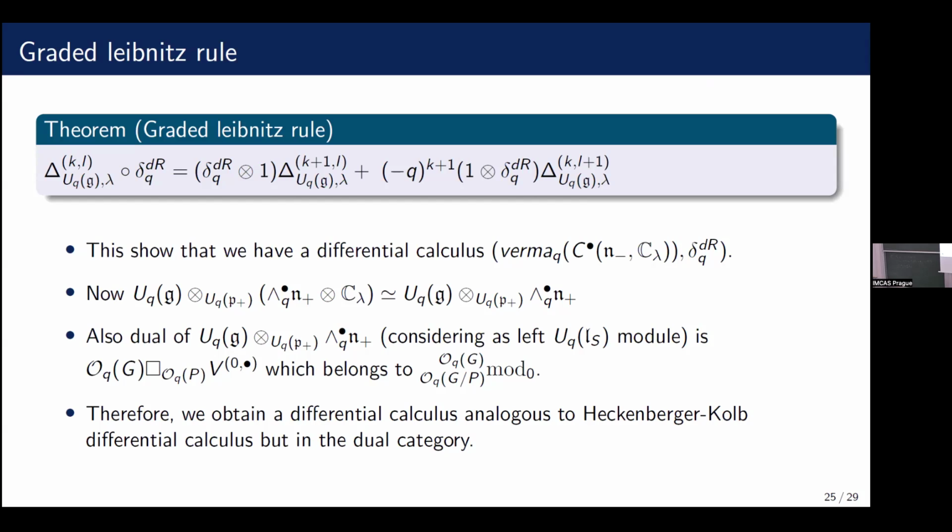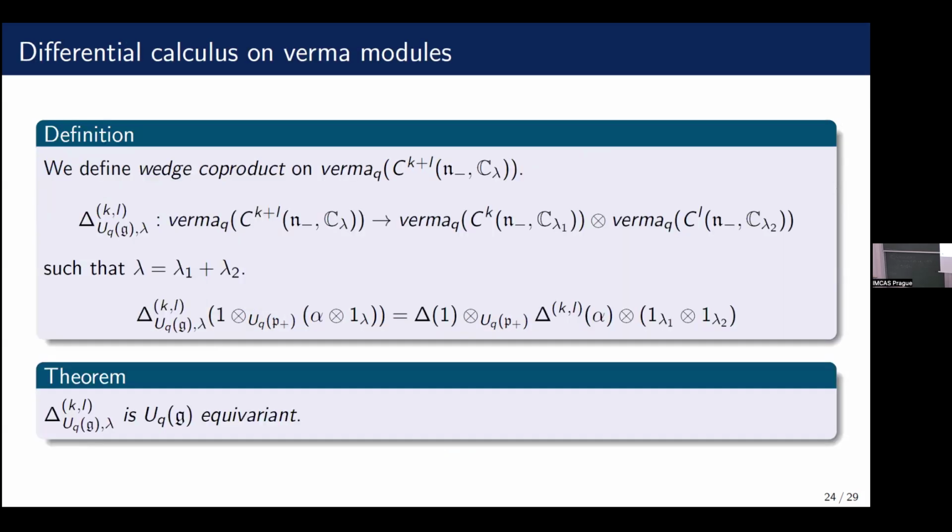So I think what is happening in the paper of Heckenberger and Kolb from 2006, where they take this sequence of Verma modules and dualize, is that the difference from what you are doing is they are not considering a coproduct on the Verma module side. Yeah, true. I mean, these guys haven't used it.